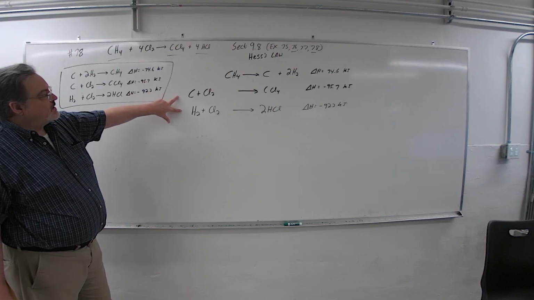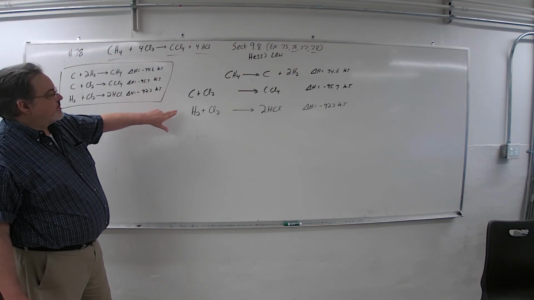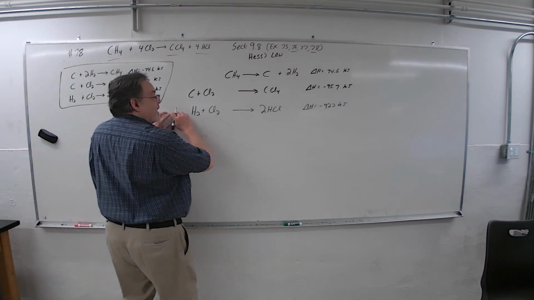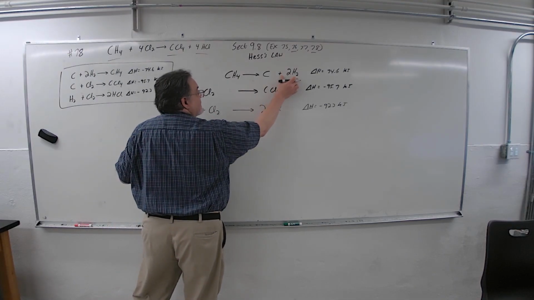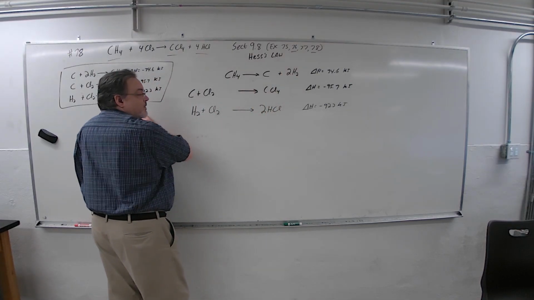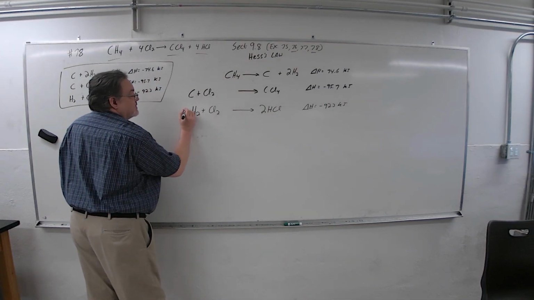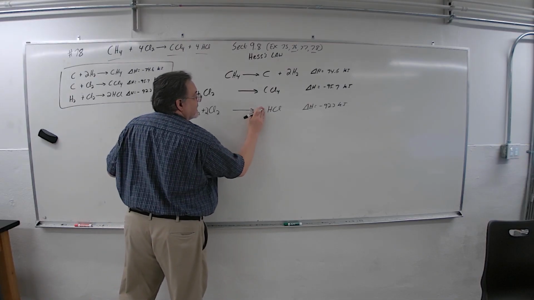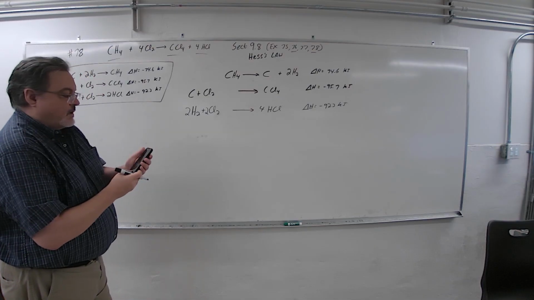I think what we need to do is multiply by 2 and multiply by 2. Yeah. If I multiply by 2 here, I'll have 2H2, and I'll have that 2H2. So I'm going to multiply through all of this by 2. So 2H2, 2Cl2, this will be a 4HCl, and then 2 times 92.3.